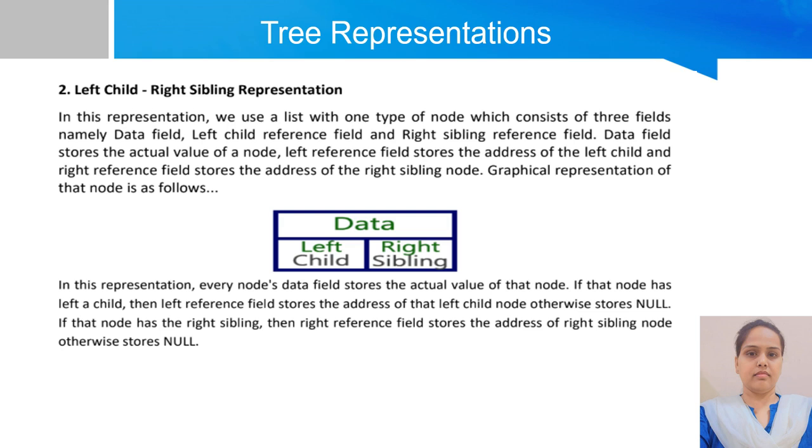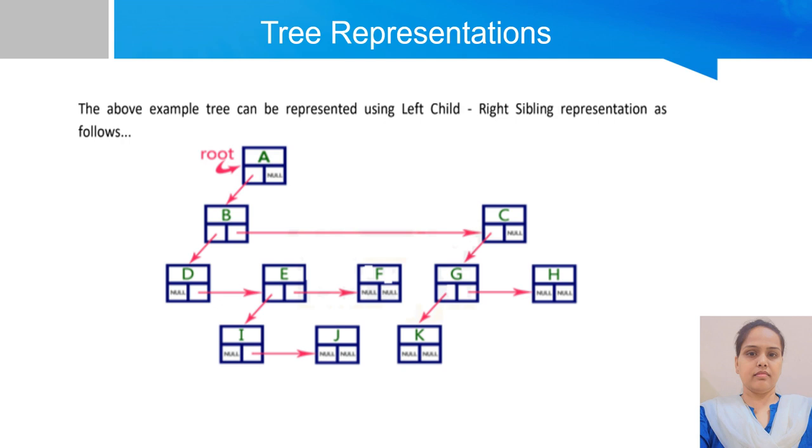If the left child or right sibling node is absent, as in a leaf node, it will store the null value. Here is the example of the tree represented using left child and right sibling representation as follows.